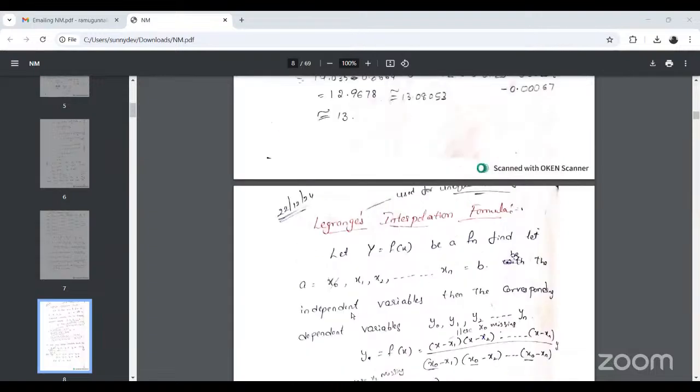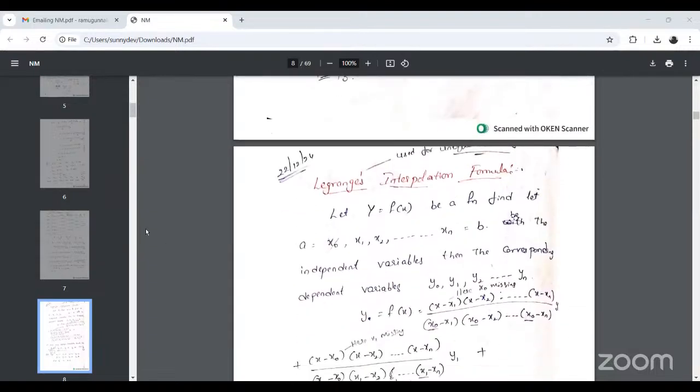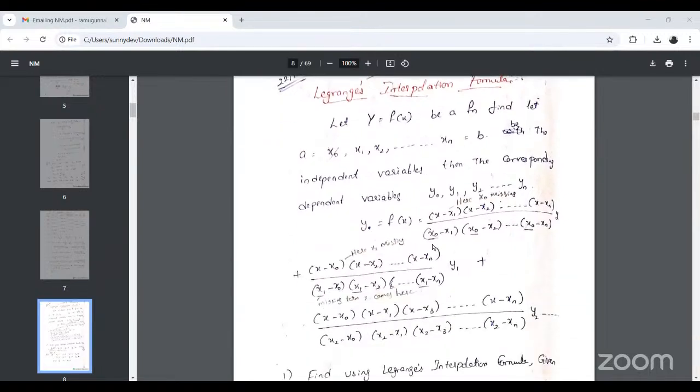Okay. Next, Lagrange interpolation formula. So this is also very important, Lagrange interpolation formula. Let y equal f of x be a function.